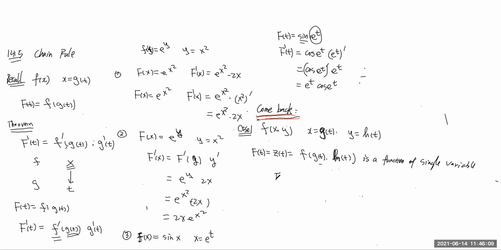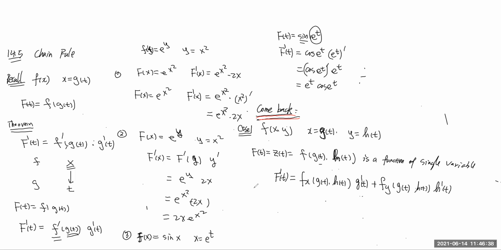The formula tells us F'(t) is the partial derivative f_x evaluated at (g(t), h(t)), like I said, this part is very important, times g'(t), plus f_y evaluated at (g(t), h(t)) times h'(t). So let me draw a picture for you.